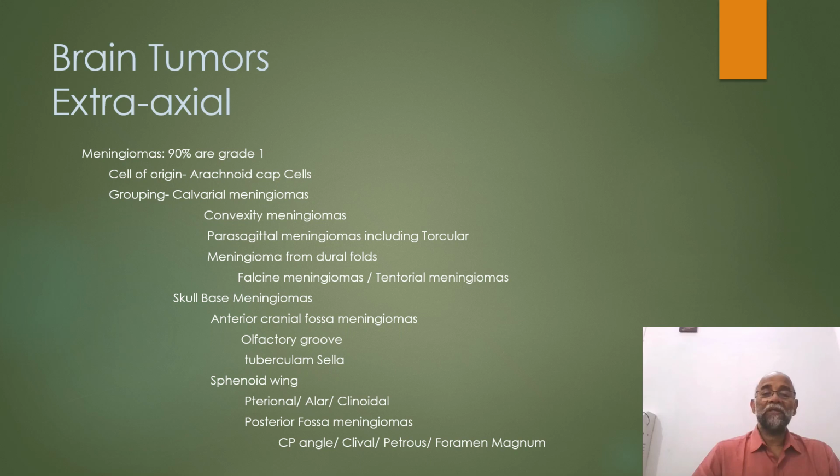Skull-base meningiomas include anterior cranial fossa meningiomas, classically olfactory groove meningiomas, and tuberculum sellae meningiomas. Sphenoid wing meningiomas may be lateral, in which case they are sometimes called pterional or alar, or they can be medial or clinoidal.